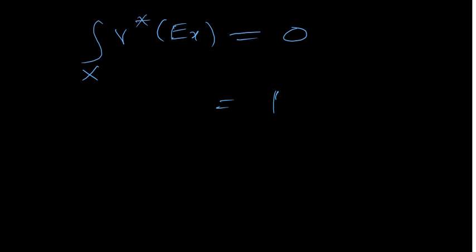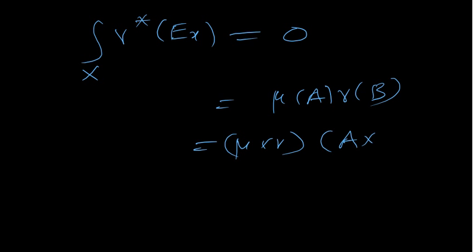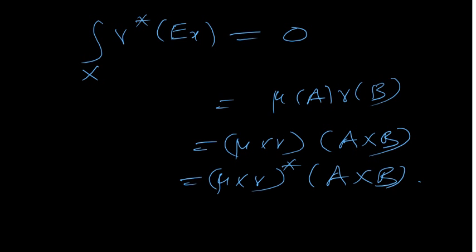The integral over x of nu star of Ex equals 0, which is the same as mu of A into mu of B, because one of them is equal to 0. So it's equal to 0, which is equal to mu cross nu of A cross B, and which is equal to mu cross nu star of A cross B. So that proves the first step completely.